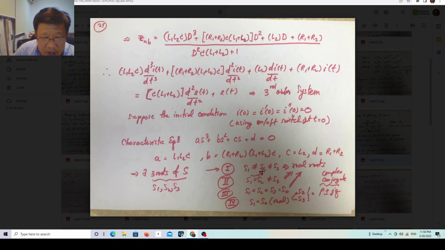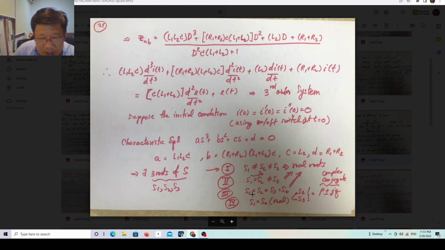The second choice is that we have a pair of repeated roots, but the third root also has to be real because only one is left. The first two, S1 and S2, are still real roots, but there exists a pair of them that have an equal value, S sub 0, which is different from the last one, the third root.